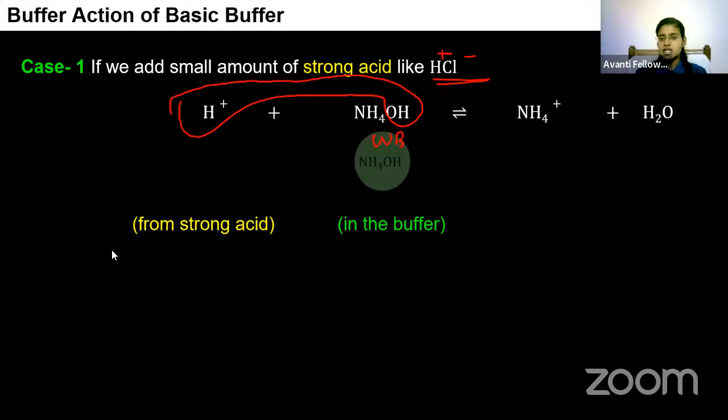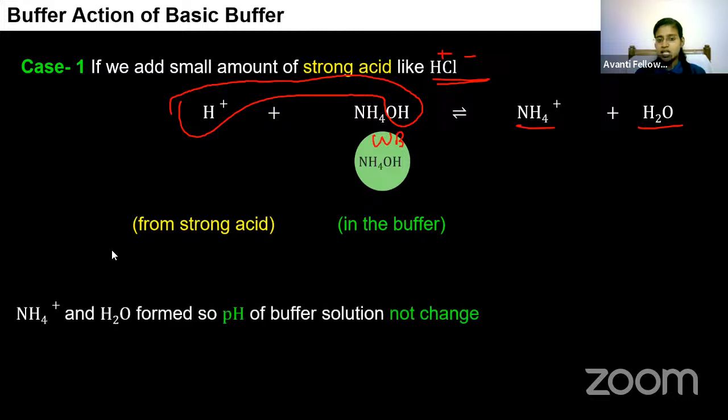Okay, and they produce ammonium cation and water. Okay, so we don't have H plus ion in the resultant solution. So the basic buffer pH will not change. Okay, so we get NH4 plus and H2O formed as a product. So the pH of the buffer will not change.